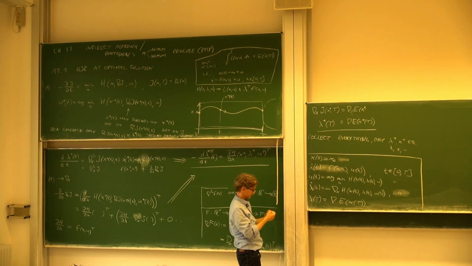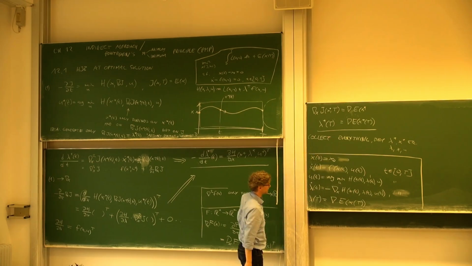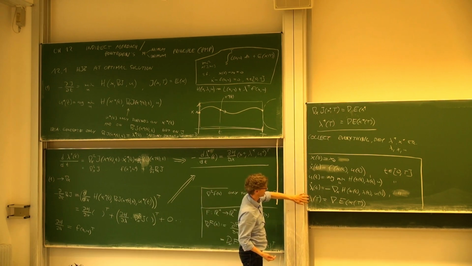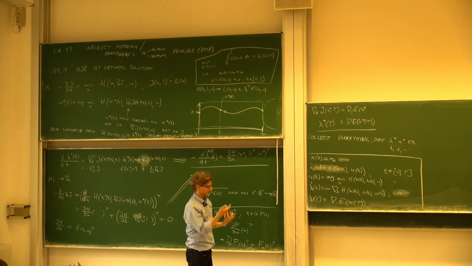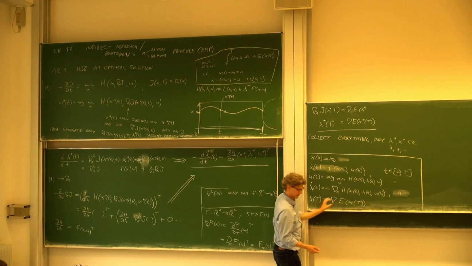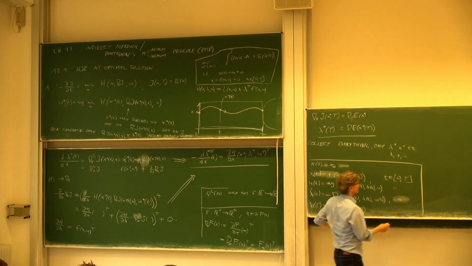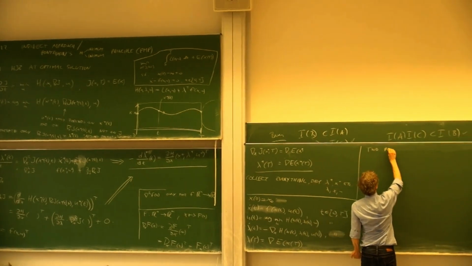So in principle, if you know x0, which you know, but if you would also know lambda 0, you could even simulate it forward in time. And then the only thing you need to make sure is that the lambda and the x at the end satisfy this condition. So if you look at this, it's a two-point boundary value problem.